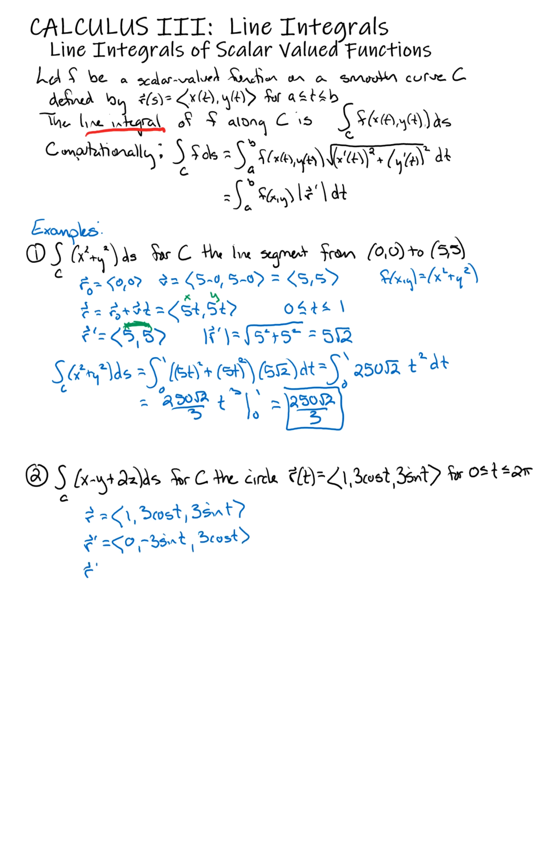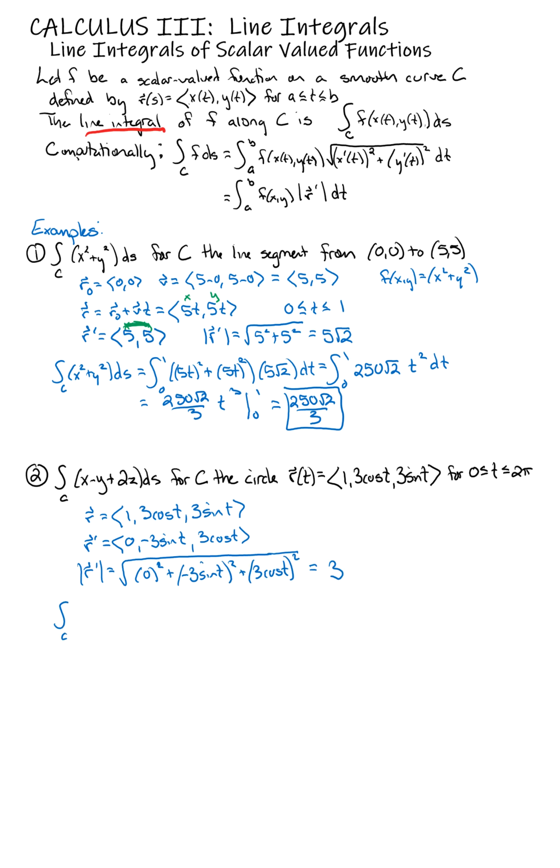Now let's find the magnitude of that. Sine squared plus cosine squared, factor out that 9, square root of that, we end up with just a 3, I believe. Okay, well that's not so bad.